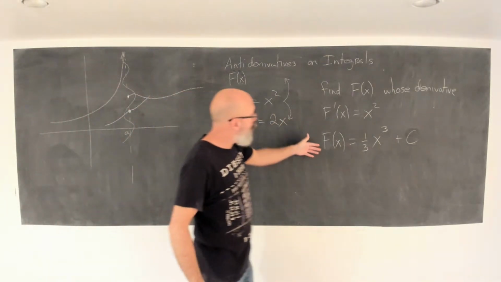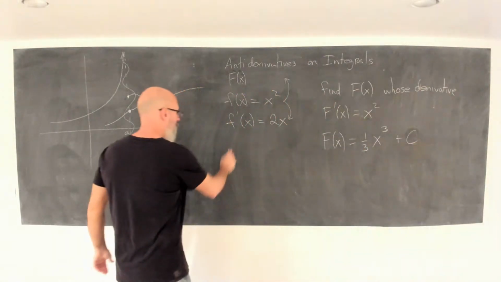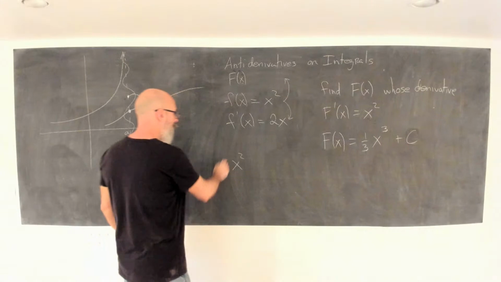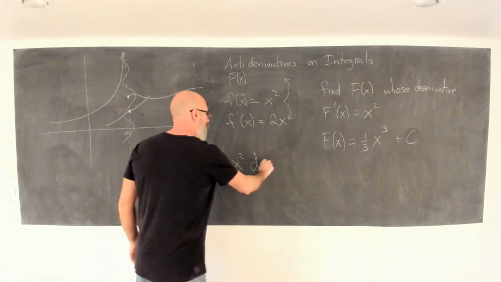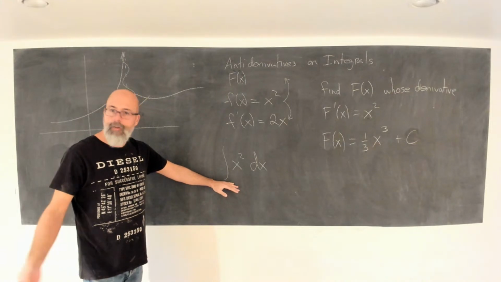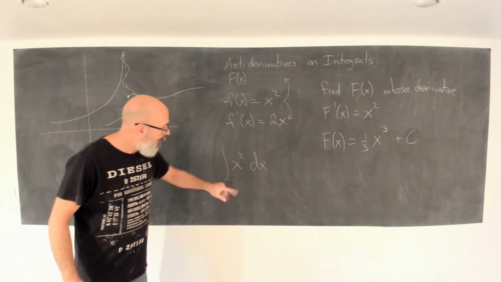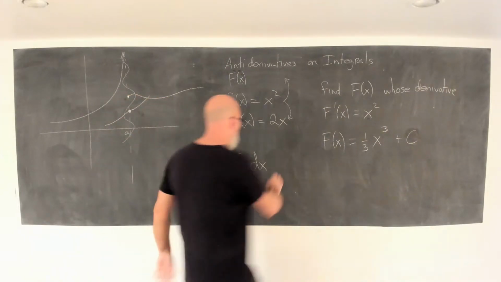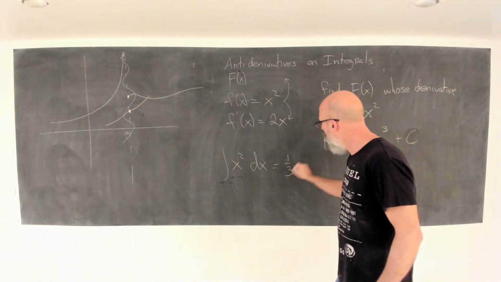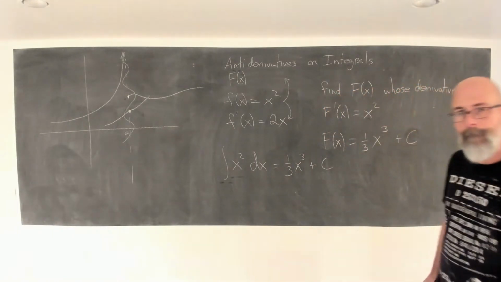We have notation for the antiderivative. If you start with a function x squared, the antiderivative, or the integral, or the indefinite integral, these are all words that mean the same thing. The antiderivative of x squared is 1/3 x cubed plus c.